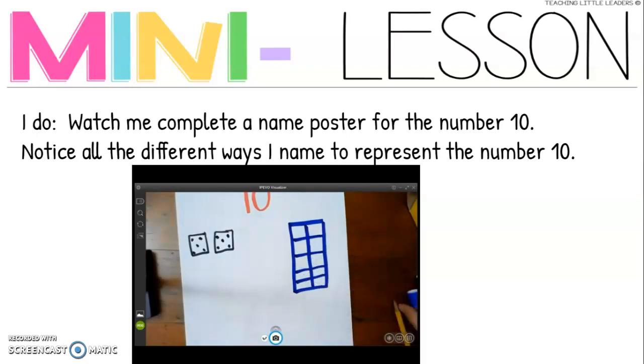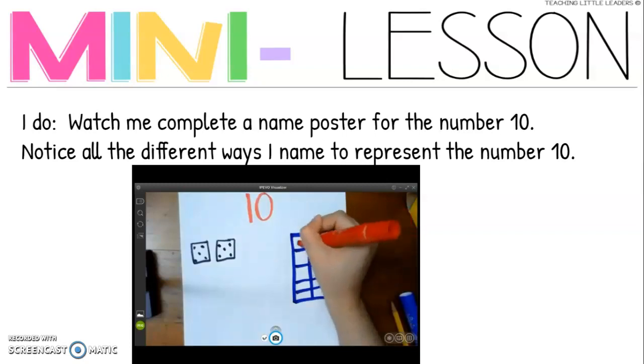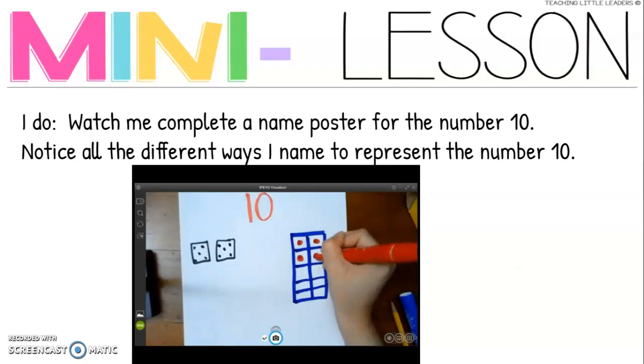And now I'm not done, boys and girls, because I need to add my counters to my 10 frame. And if I'm making the number 10, yep, that means I need 10 counters on the 10 frame. 1, 2, 3, 4, 5, 6, 7, 8, 9, 10.